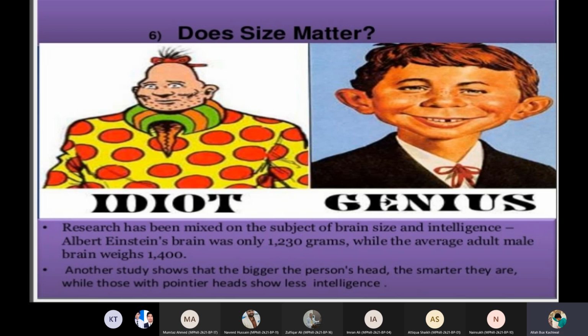So this means that there are so many scientific evidences that people with a similar size of brain or head have good intelligence or are good scientists or good leaders or good social activists or even successful persons.